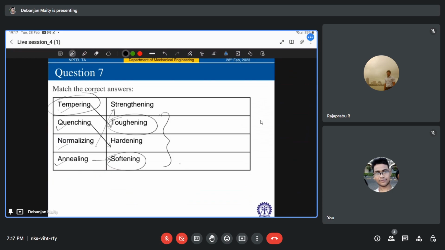Components are subjected to the process to induce toughness and improve the impact strength, right? So a great amount of toughness and ductility will be restored compared to the conventional hardening and tempering process.